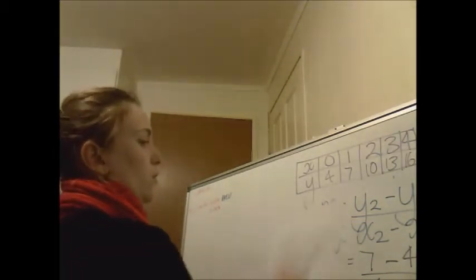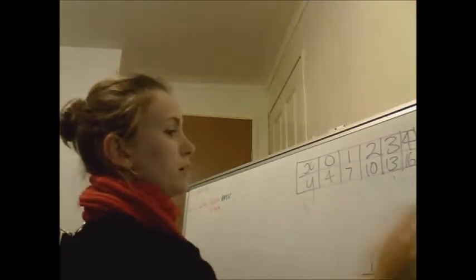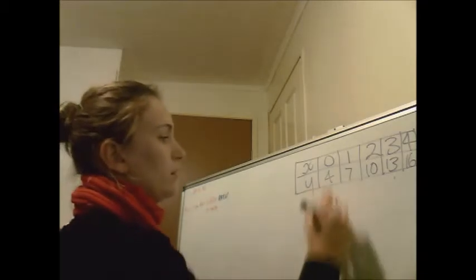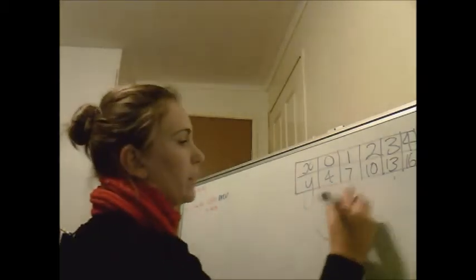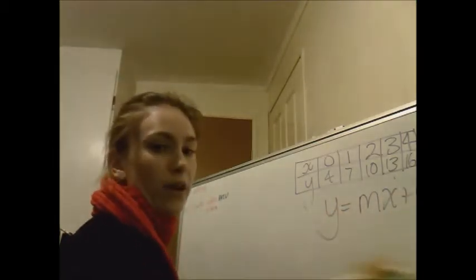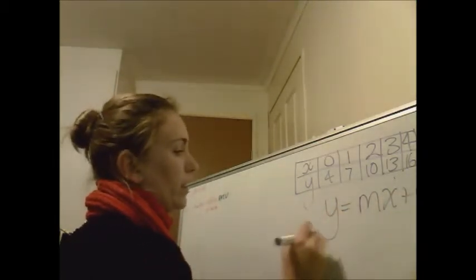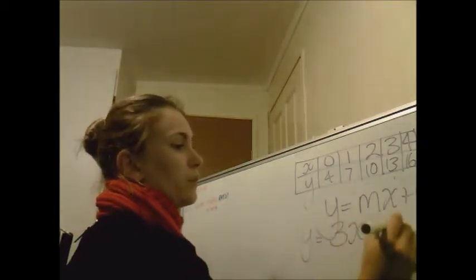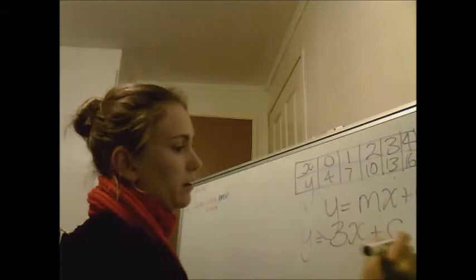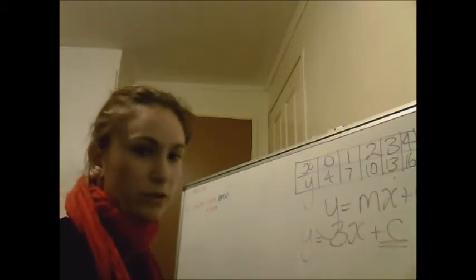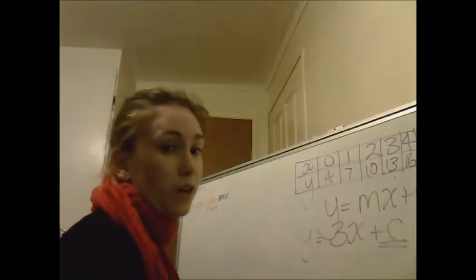So we've worked out our first part of our rule, which, remember, a linear equation is y equals mx plus c. So we found out our m. So y equals 3x, and we haven't got our c yet, have we? But we found out what our m equals. All we have left now is to find our c.